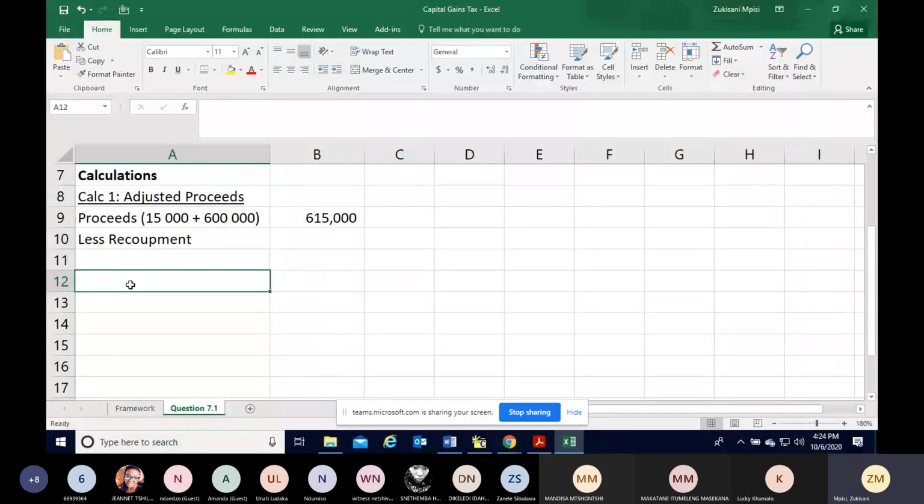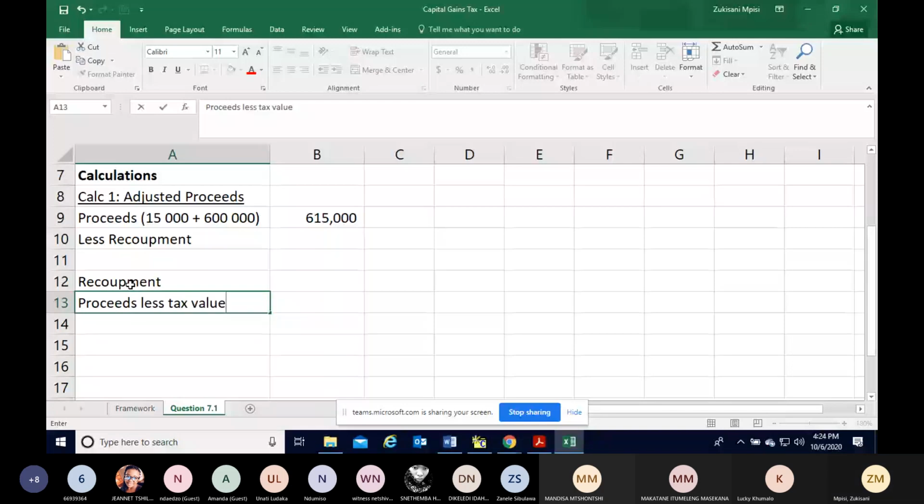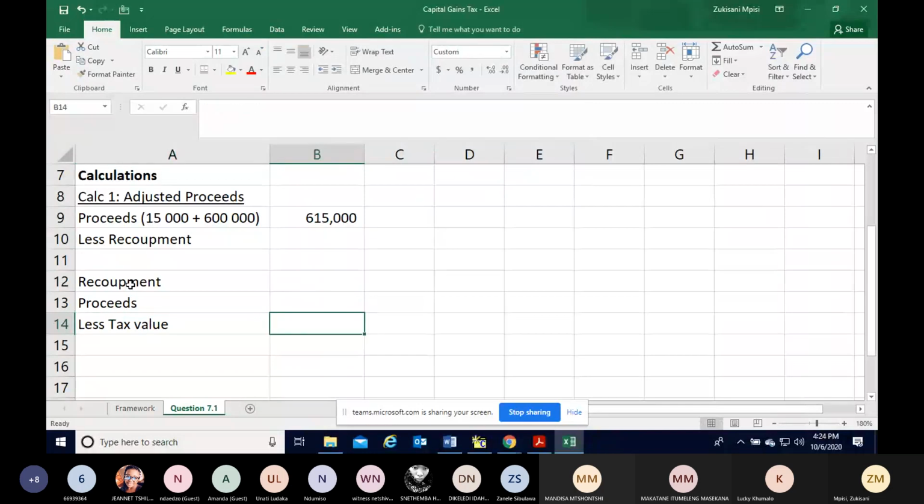In terms of its formula, recoupment is proceeds less tax value.